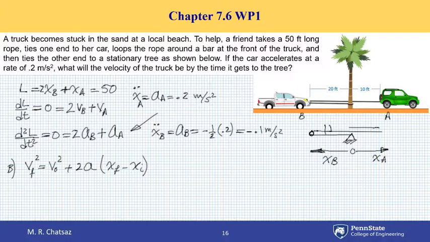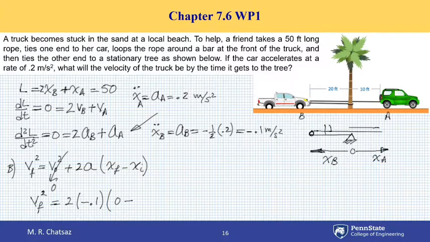Well, initially the truck was at rest, so this is 0, then I can write v final squared equals 2 times acceleration of B, which is minus 0.1, times final position of the truck after it has traveled 20 feet, which will be at origin, so x sub f is 0.